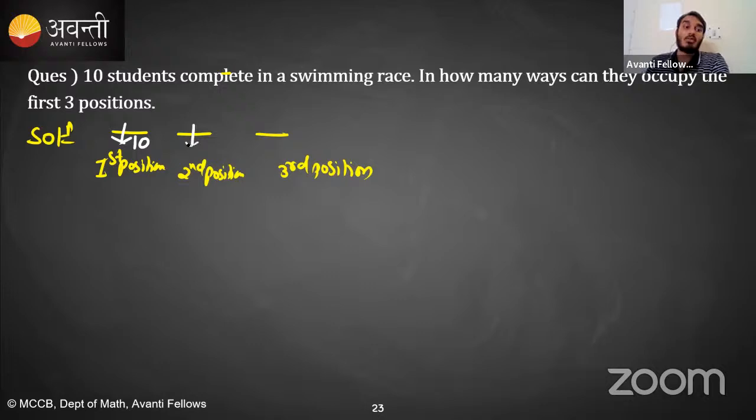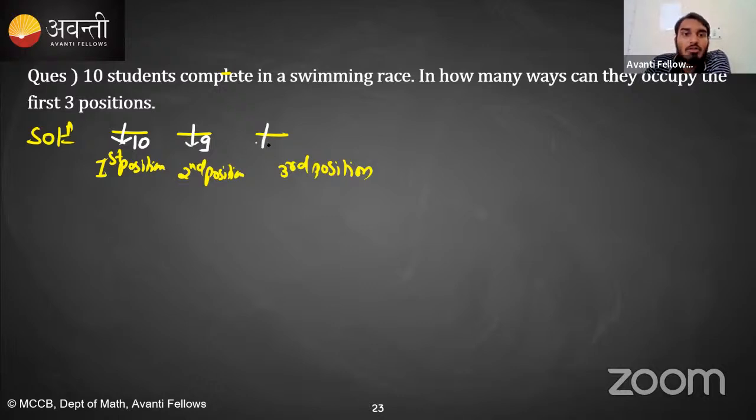Similarly, corresponding to each of these, how many choices are left for the second place? It is clear that if some person comes on the first place, then he or she cannot come on the second. Yes or no? So if somebody has come on the first place, now in how many ways can they come in the second place? Now we are left with 9 ways.